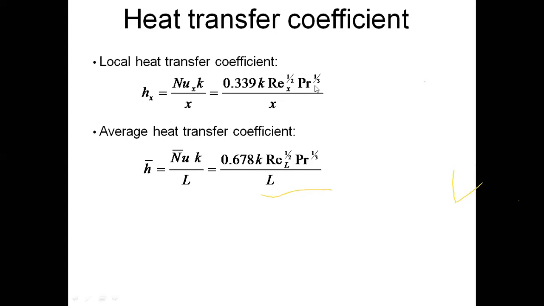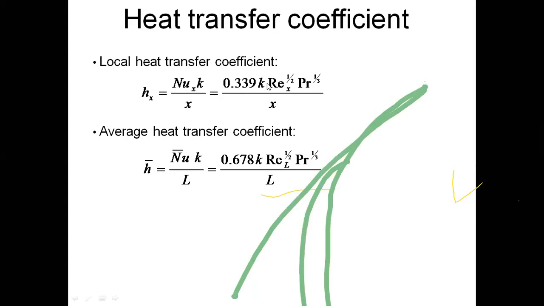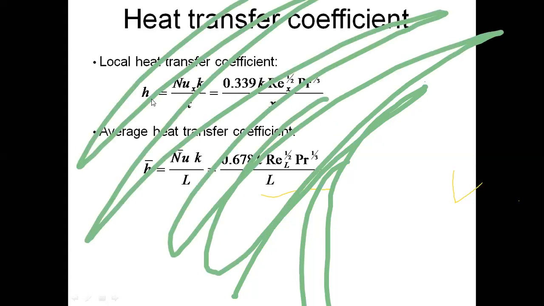Flow and the fluid property decide the Nusselt number. So from Nusselt number, I get the heat transfer coefficient. Understood? This is how it helps us to estimate the heat transfer coefficient. Similarly for average heat transfer coefficient also, you can follow the same procedure and find out the average heat transfer coefficient.